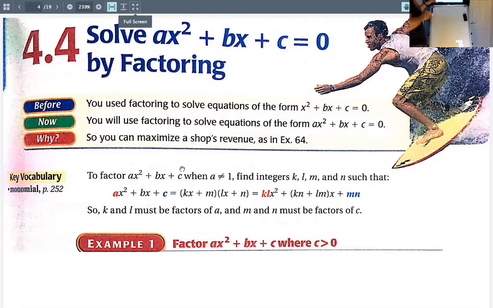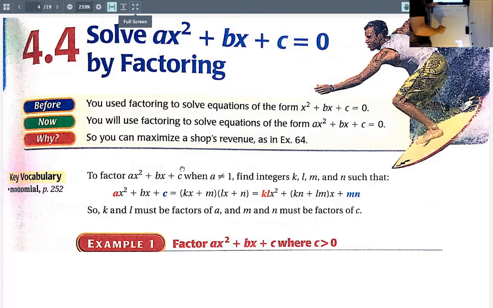I'll read it out loud. To factor ax squared plus bx plus c, when a is not 1, you have to find integers k, l, m, and n such that ax squared plus bx plus c is equal to (kx plus m) times (lx plus n).